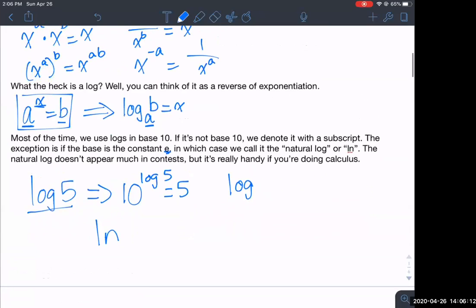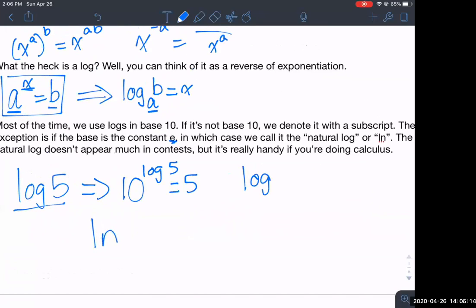So let's just get a little bit of practice before we move on to basic identities. Log base 5 of 125. It's 3 because 5 to the 3 is 125.